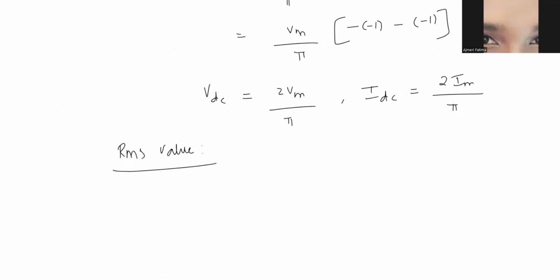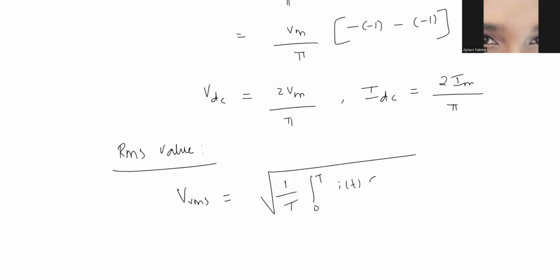In order to find RMS value, VRMS is equal to under root of 1 by T integration 0 to T of V squared of T dt.